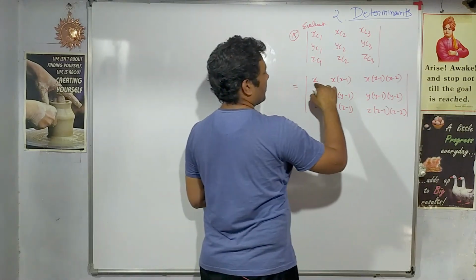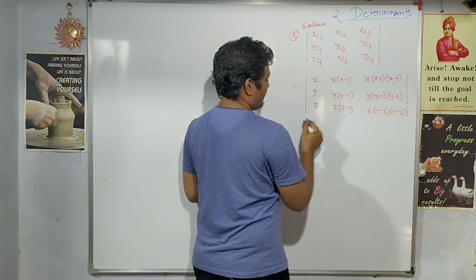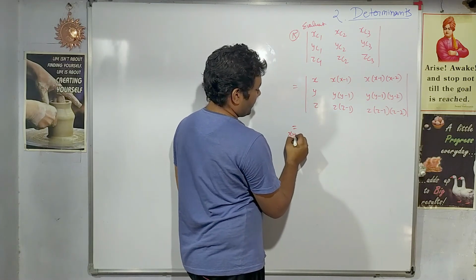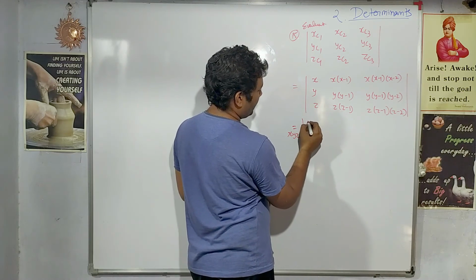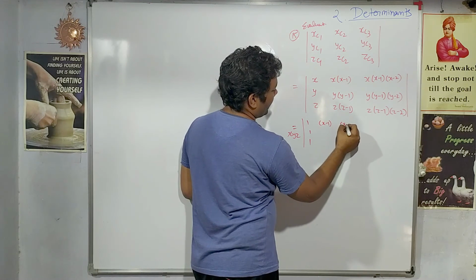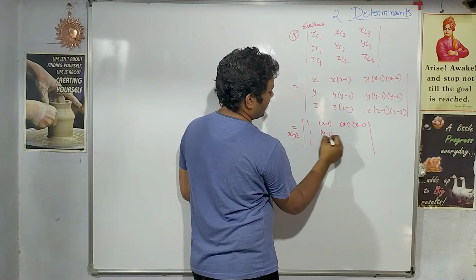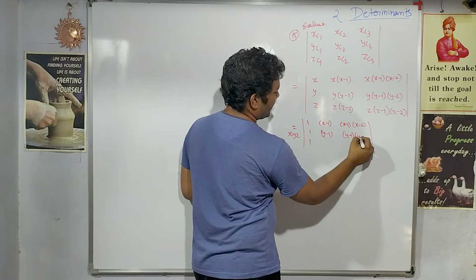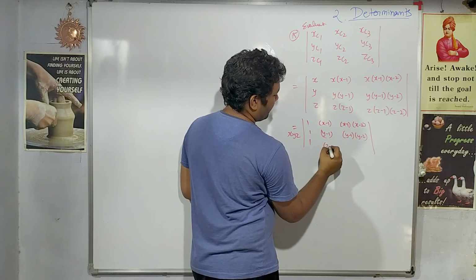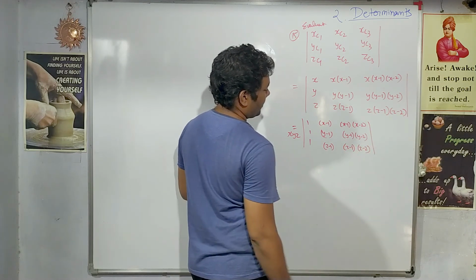From the first column, first row you can take x common, second row y, and third row z. So x, y, and z if you take common, 1 1 1, x minus 1, x minus 1, x minus 2, y minus 1, y minus 1, y minus 2, z minus 1, z minus 1, z minus 2, right?